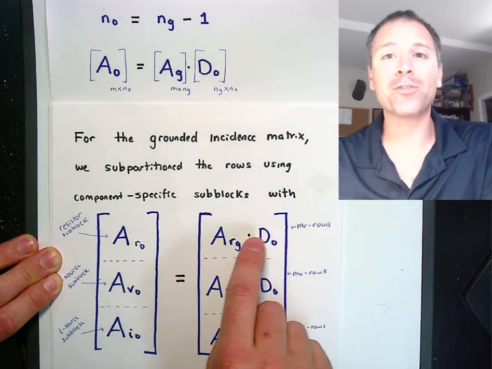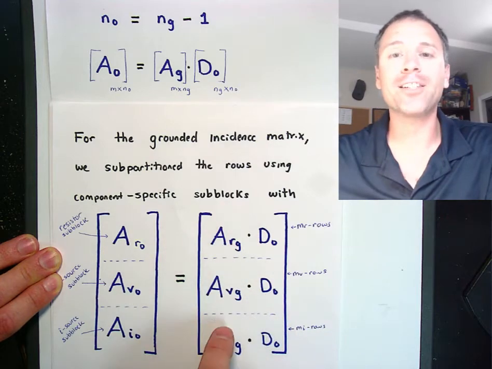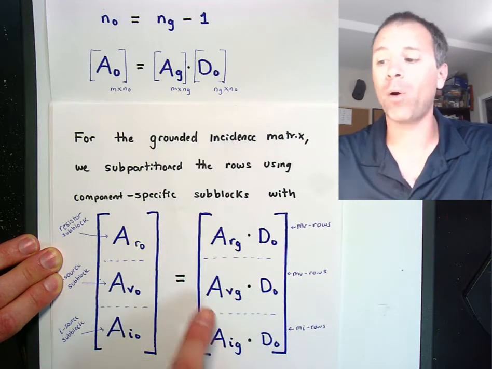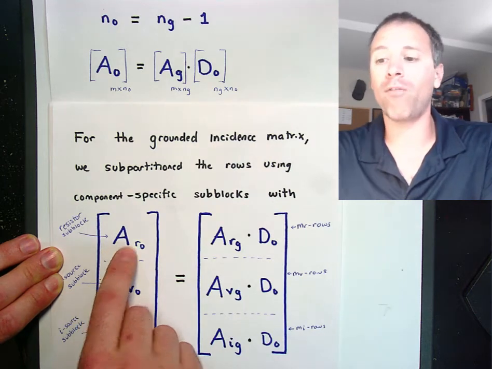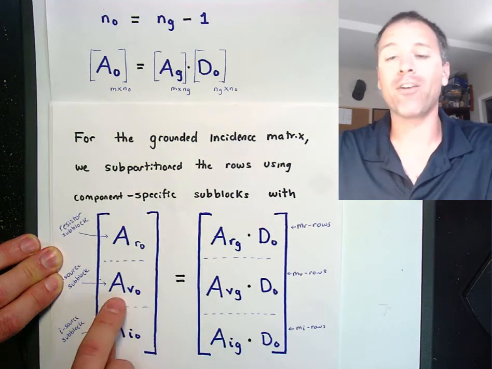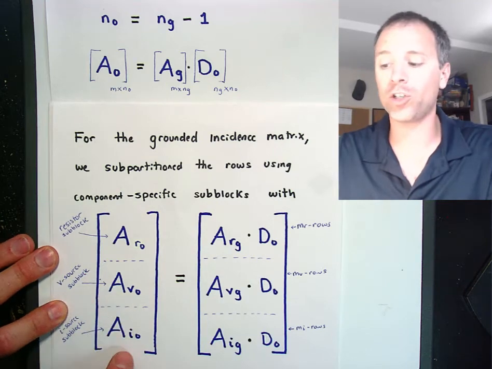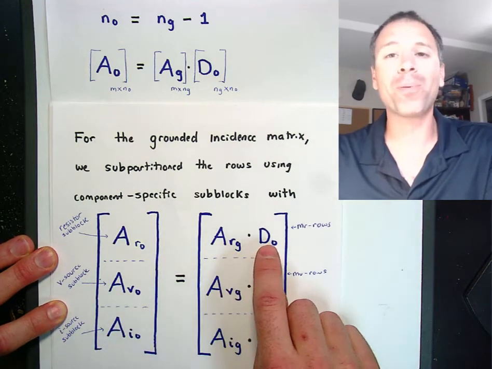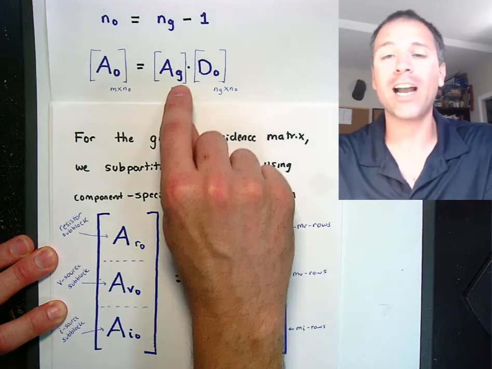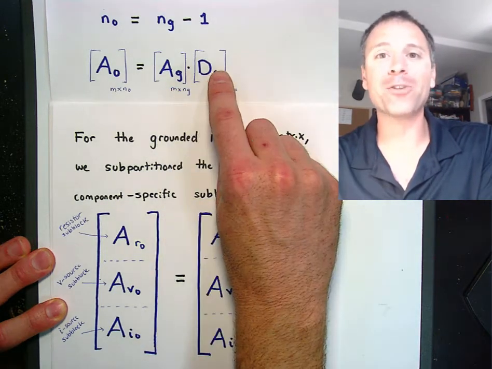This is a good challenge for you watching at home. Go ahead and check the dimensions to make sure all of this works out. But what we say is that we have a grounded resistor subblock of our grounded incidence matrix. We have a grounded voltage source subblock and also a grounded current source subblock, which come from multiplying the appropriate subblocks of our entire incidence matrix by the grounding matrix from step 7.